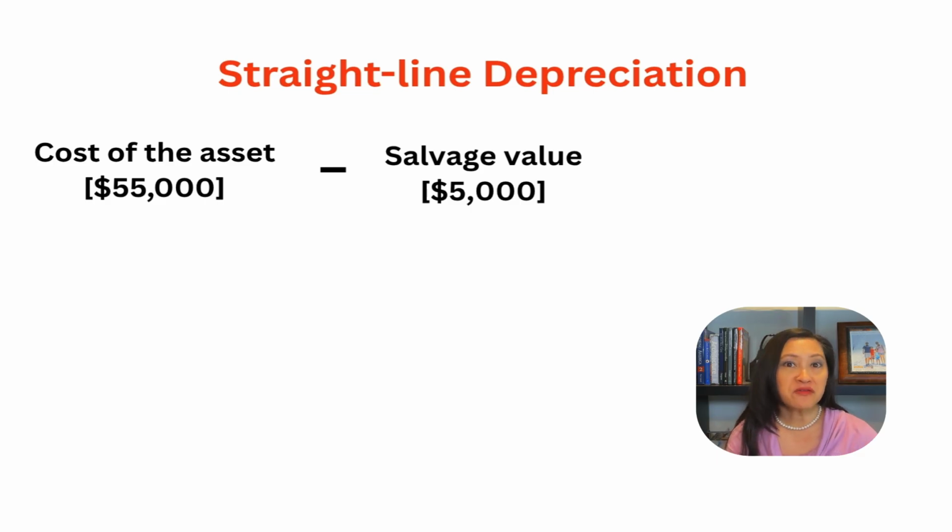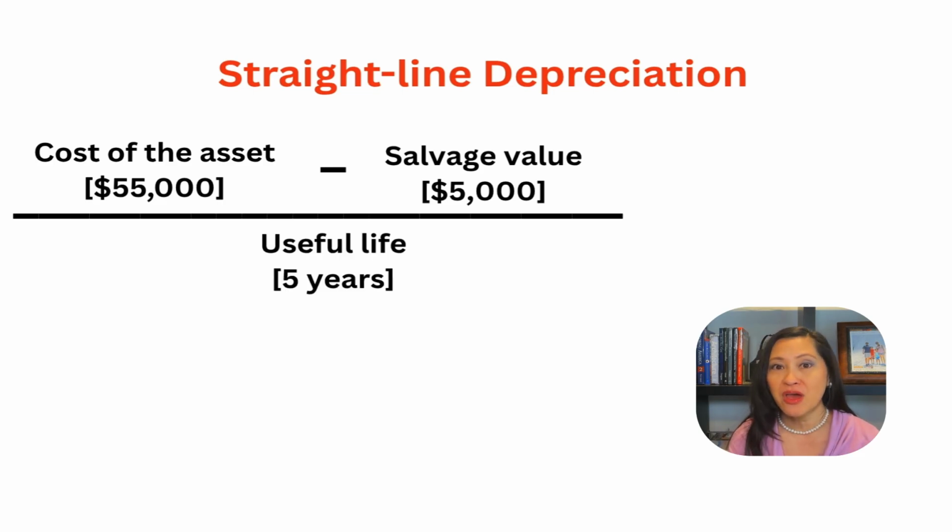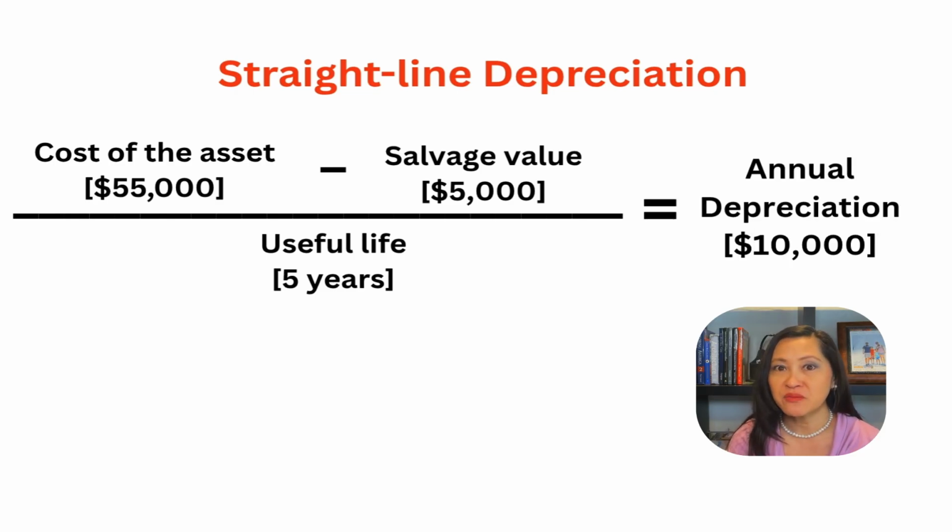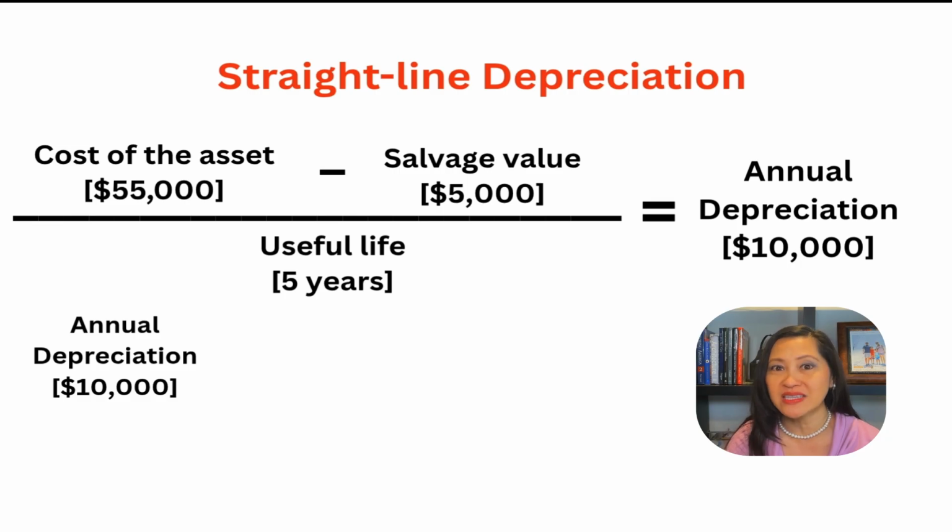So now we have $55,000 minus $5,000. The difference is $50,000. Now, we take that amount and divide it by the useful life. In this case, 5 years. So, $50,000 divided by 5 years equals $10,000.